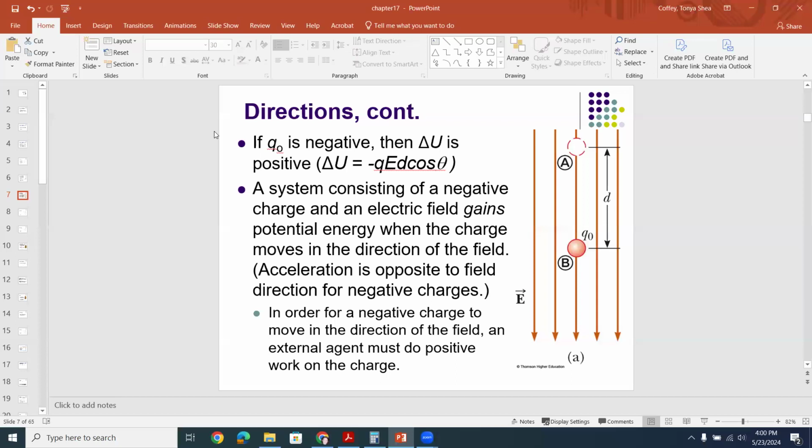And so that would cause a charge displaced from A to B, if anything, to slow down if there's nothing else acting on it. Since kinetic energy is proportional to the speed, if the speed drops, then the kinetic energy also drops, which means the potential energy must be increased, okay?